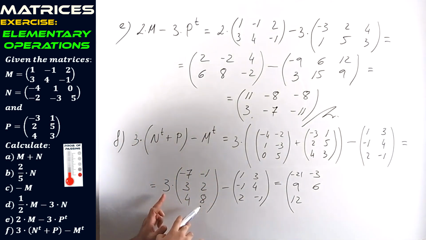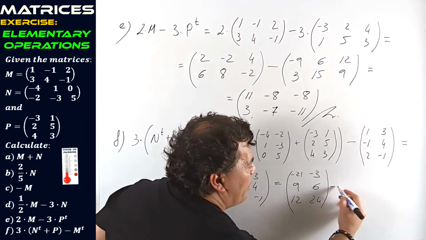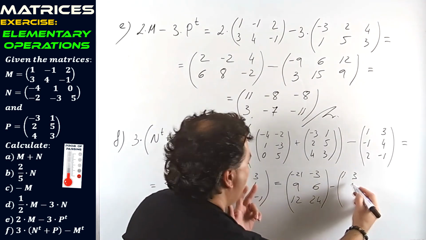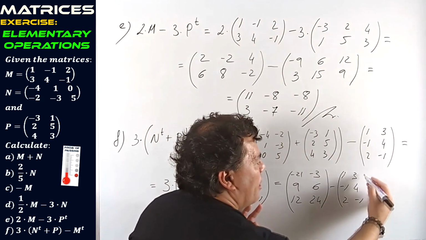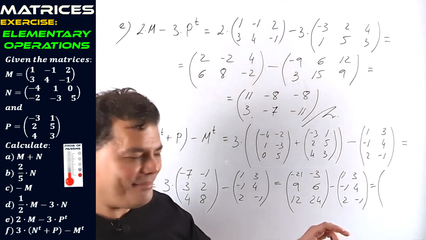And 3 times 8 is 24. Now we only have to subtract the second matrix. 1, 3, negative 1, 4, 2, negative 1, and we will have finished our exercise, right? There you have it.